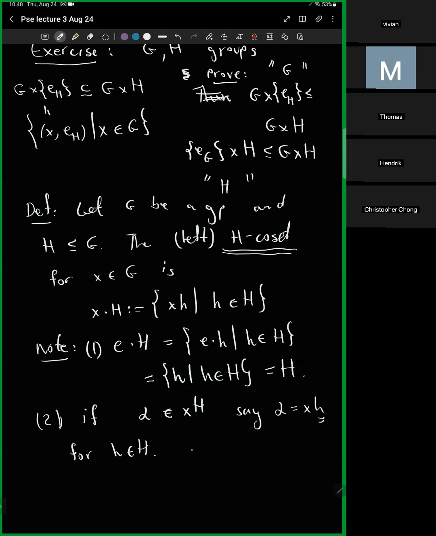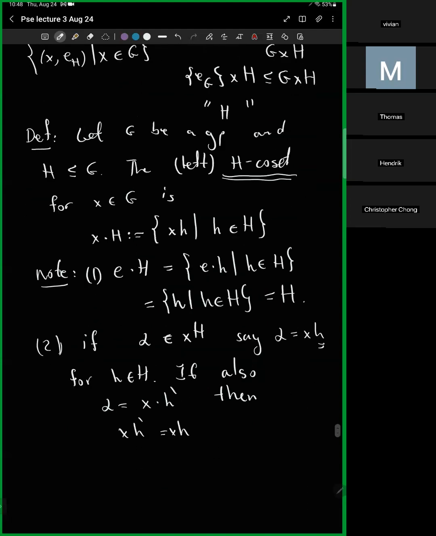That is, if also alpha is equal to x times h prime, then I have xh prime equals xh. But I can multiply this equation by x inverse on the left, and I get that h is equal to h prime.